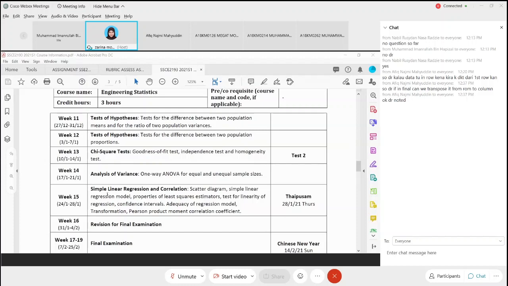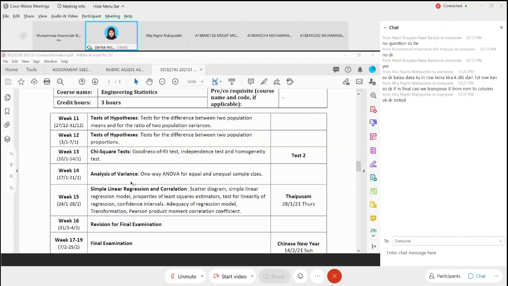So we use y as the response variable and x as the predictor variable. So y is a function of x. If there is a relationship, then you can expect y is a function of x.